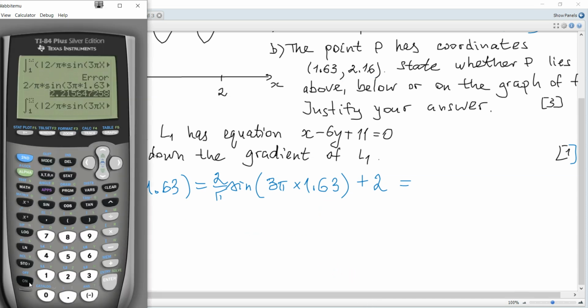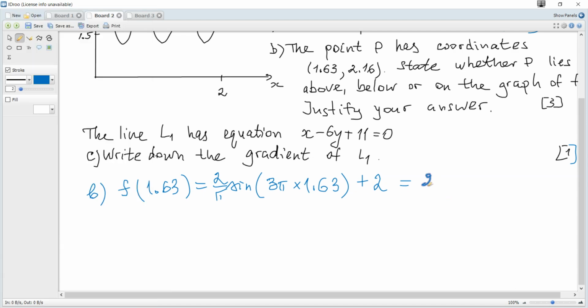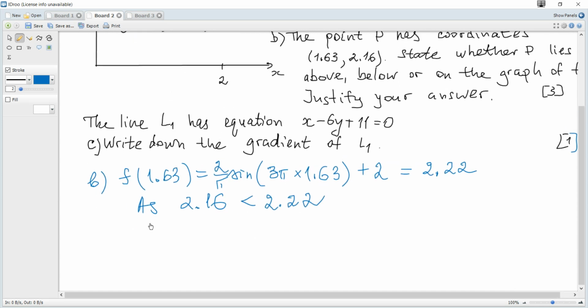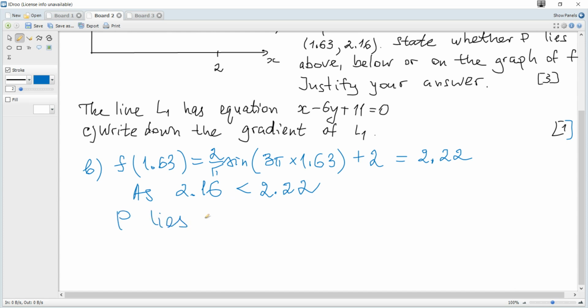So the value of the function at 1.63 is 2.22 to 3 significant figures, and as 2.16, the y coordinate of the given point P, is less than 2.22, it means that P lies below the graph of f.